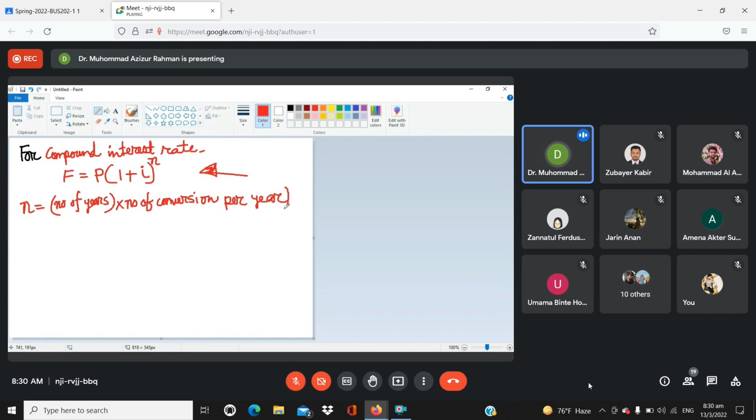So if you convert 2 times, then it becomes 2. Number of years multiplied by how many times you are converting. So this is your n. So you put that value of n here. So n equals number of years multiplied by number of conversions per year.